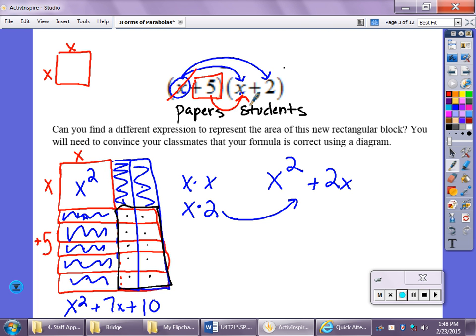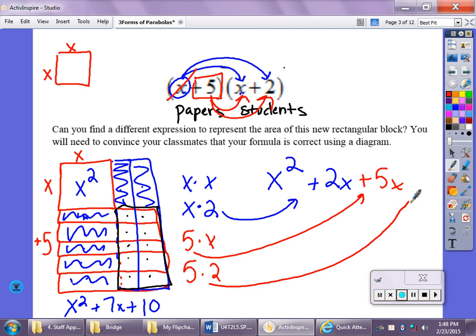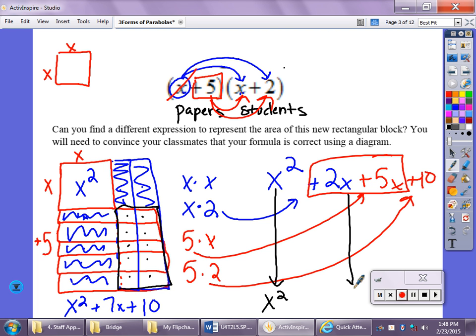And I shared 5 with student x, which makes 5x. And then I shared 5 with 2. And 5 times 2 is 10. Now, these are both x's, so I can combine them so that my final answer is the x squared, 2 plus 5 is 7, 7x, and then bring down the 10. Notice both of these answers match.